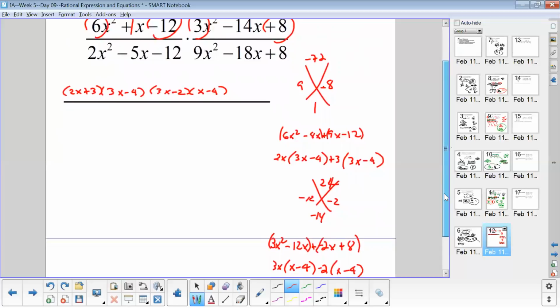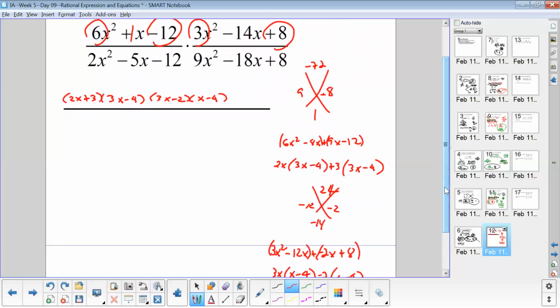Bottom left is 2x squared minus 5x minus 12. Well, that's going to be 2 times negative 12, so that's going to be negative 24. It's got to add to give me negative 5, so I'm thinking 8 and 3, negative, positive. So that'll be 2x squared minus 8x plus 3x minus 12.